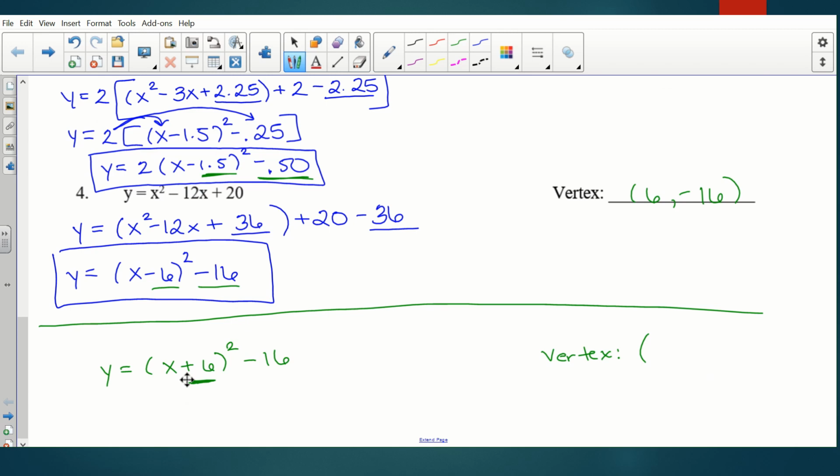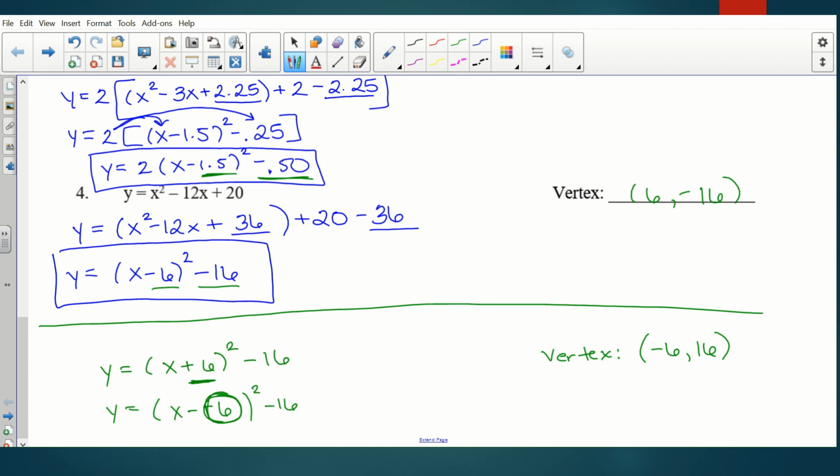So that means the x value of our vertex is actually negative 6, because how did we end up with that plus? We would have had to take minus a negative value, and this negative value right here ends up being the x value of our vertex.